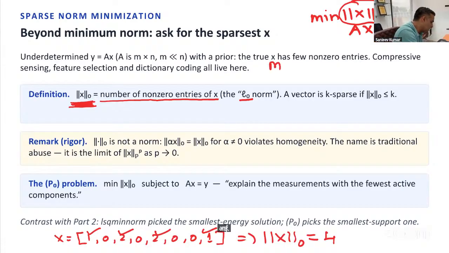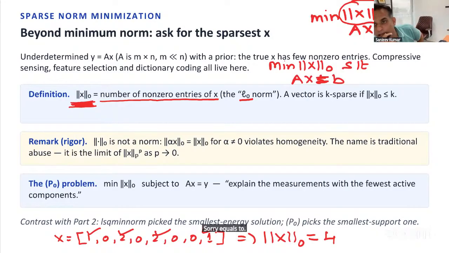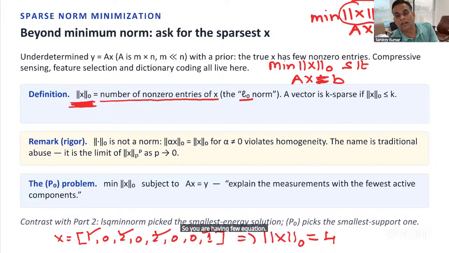Now I am posing my problem in a different setting. I want to minimize the L0 norm of x subject to Ax = b. When A is underdetermined, you have few equations and more unknowns, so it will always have infinitely many solutions.